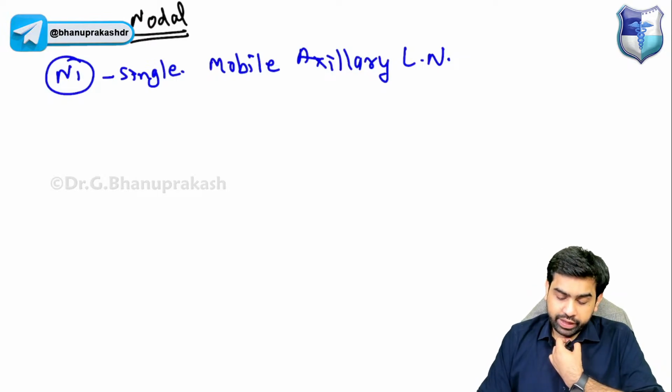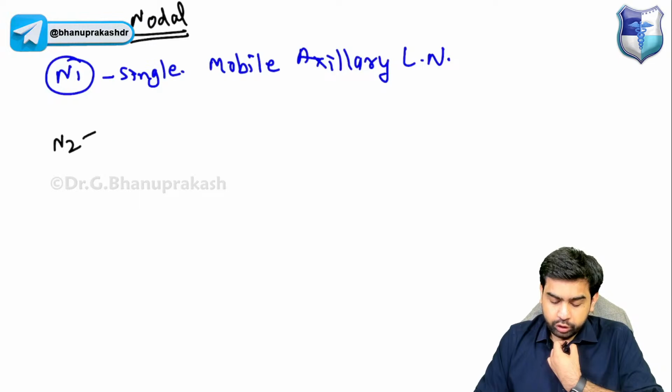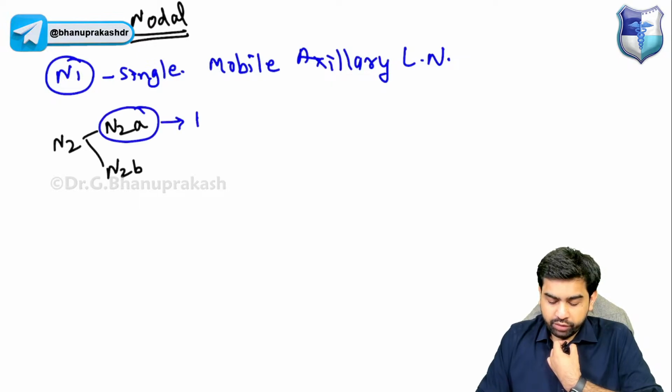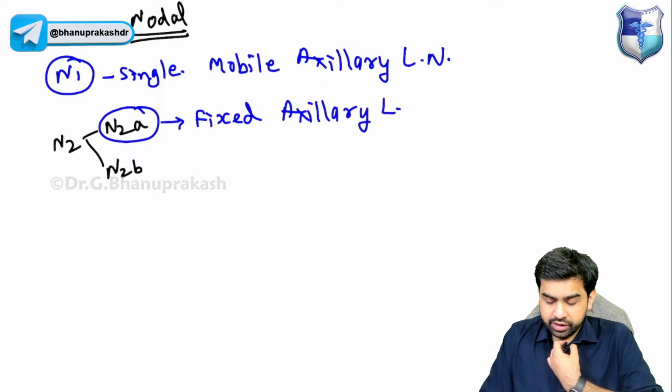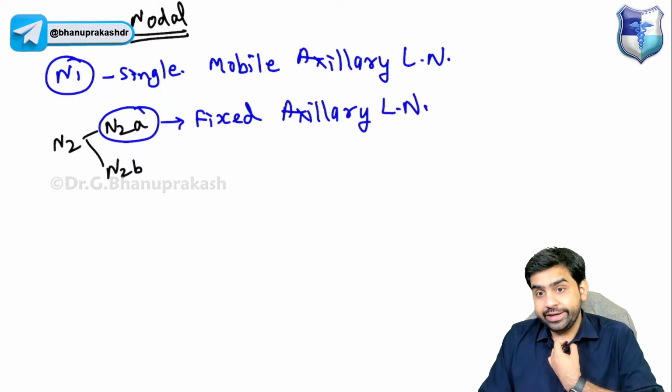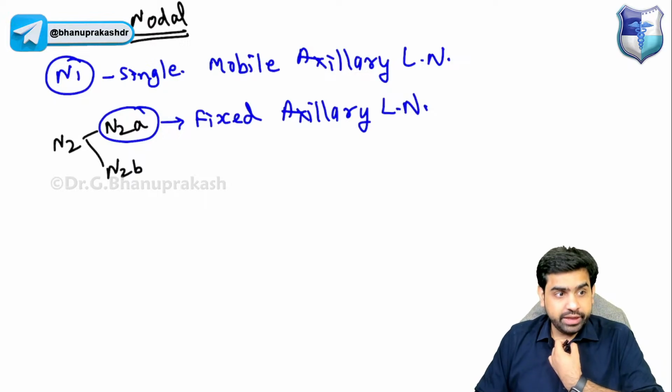Then we have N2. In the N2, we have N2A and N2B. So what is N2A? N2A is when you have a fixed axillary group of lymph nodes. Fixed axillary lymph nodes, that is your N2A. What is N2B?